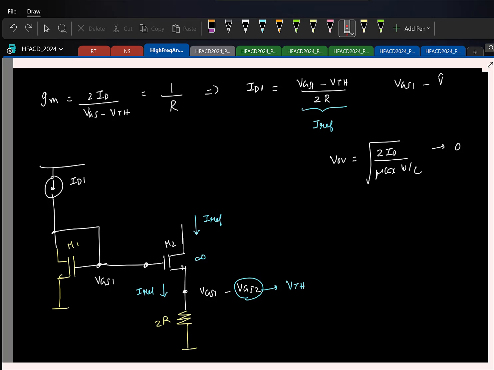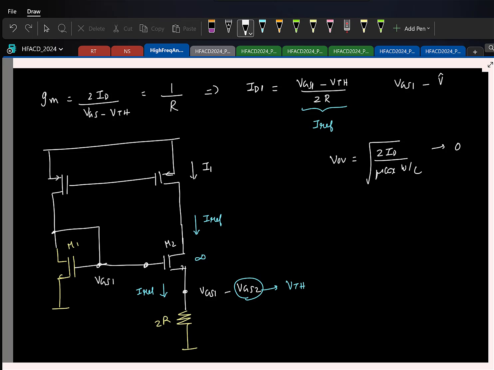To subtract ID from IREF or vice versa, first I have to copy this ID here. So what do I do? Yeah, this has to be a PMOS current source. So if I do this, now this will be ID1.